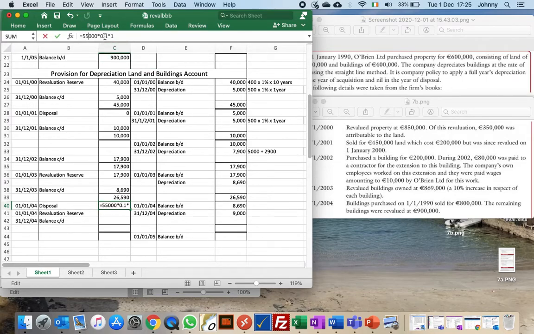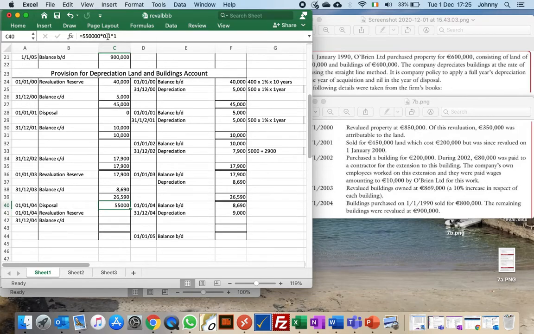It's 0.01, that's where my mistake is. The building that I got rid of was revalued the previous year to 550,000, so it would only have 1 year's depreciation at 1% taken away.